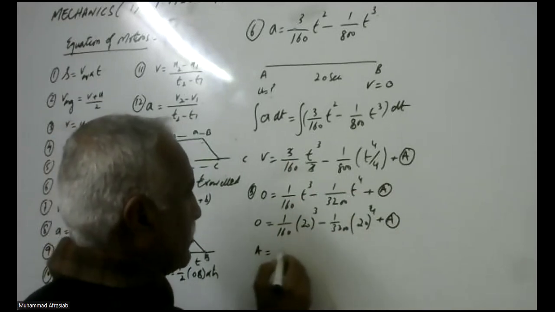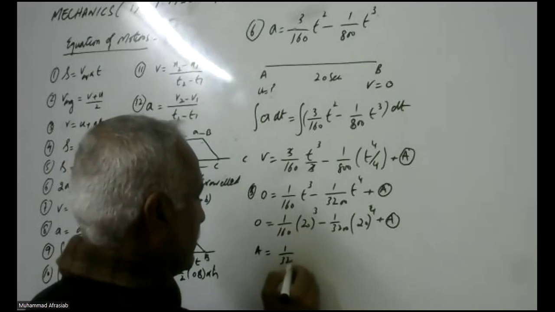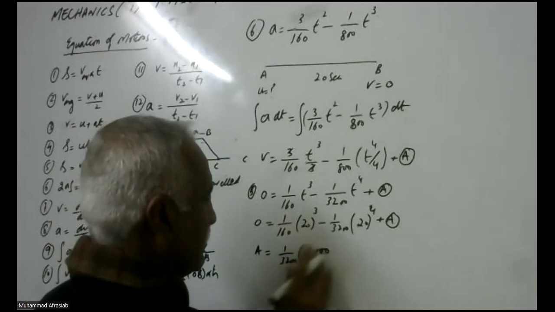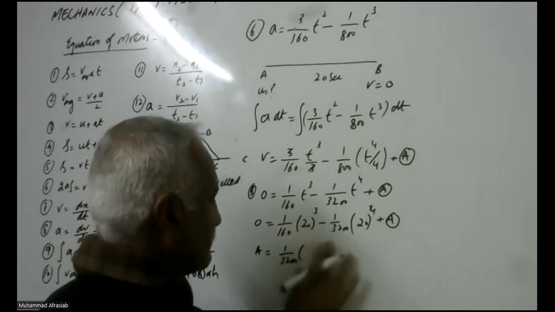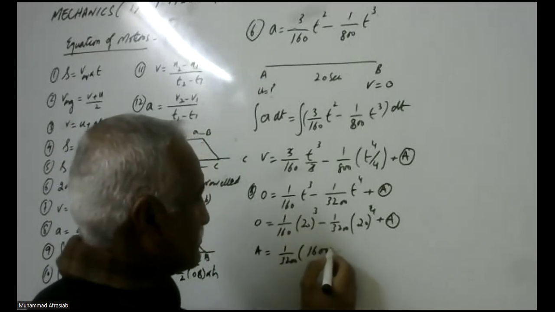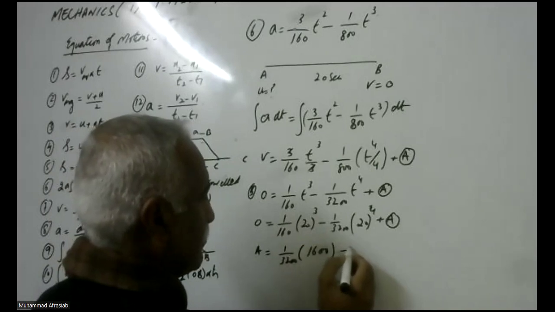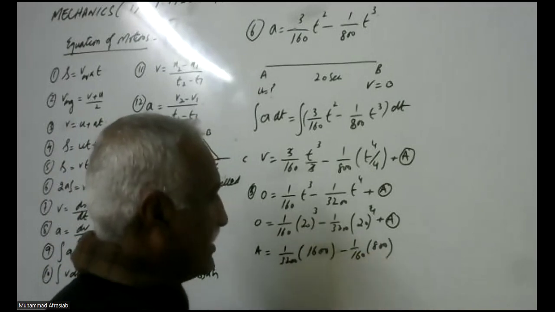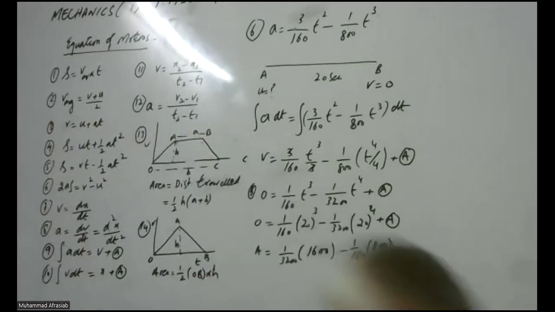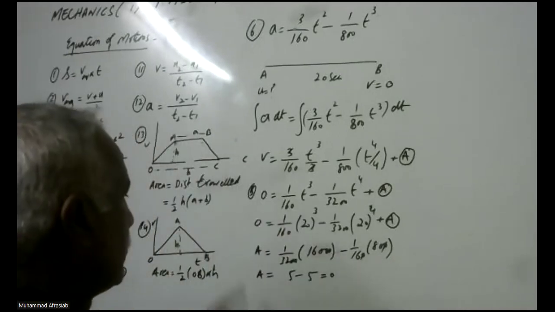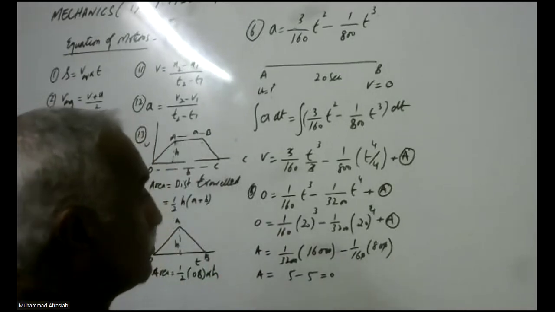Then the value of a will be equal to 1 over 3200 times 20 to the power 4, that is 16,000, minus 1 over 160 times 800. A after calculation is equal to 0.